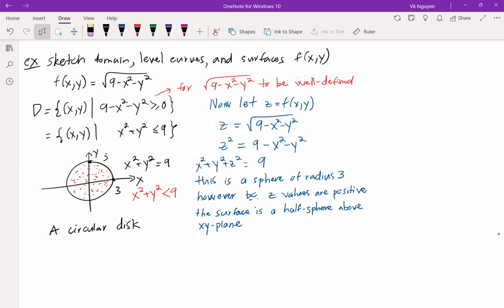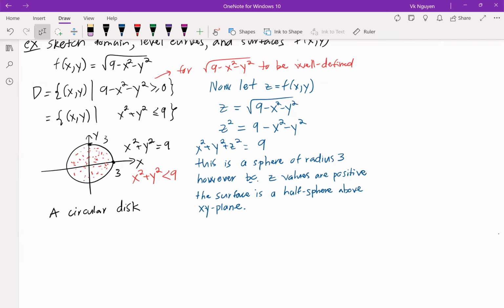In order to do this half sphere correctly, you're going to have to do the level curve here. So here comes your level curve. You know it is a half sphere, but I'm going to do the level curve for the sake of this.